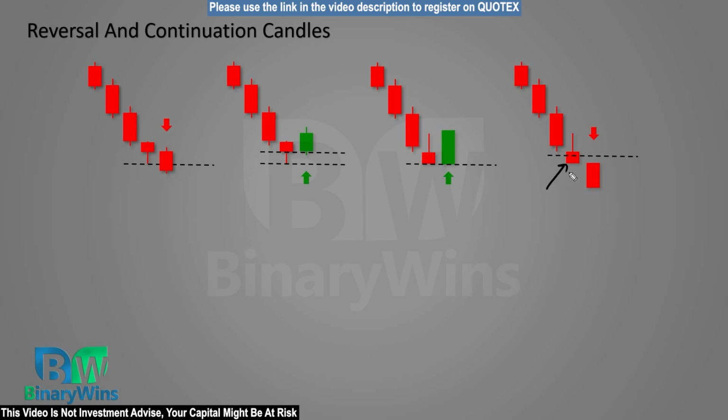And here again, our candle is a continuation candle, but these two candles are reversal candles.